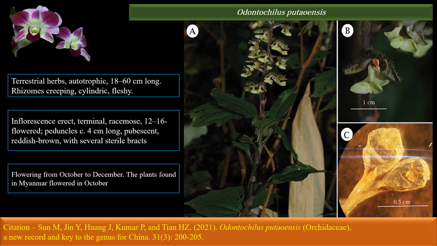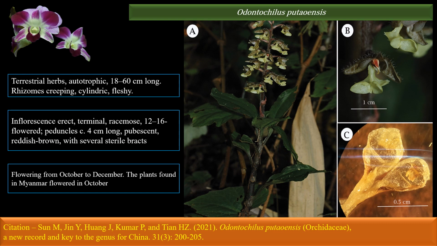You can also see the inflorescence is erect, terminal and racemose, and the flower is sometimes reddish brown with several sterile bracts, and some minute hairy portion at the upper side. In picture B, you can see it is 1 centimeter long and it has a hairy structure, and it is reddish brown. That is how you can distinguish it.